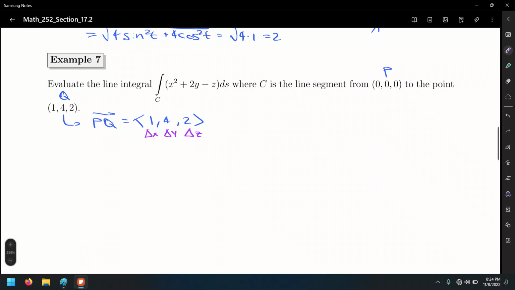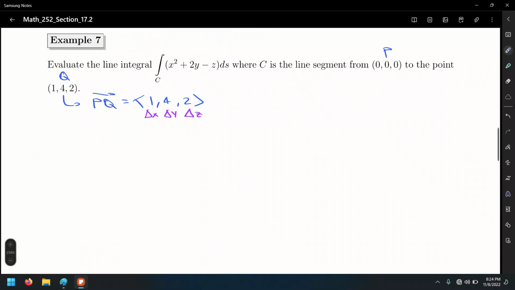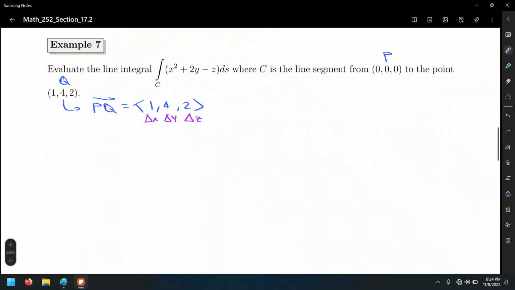So, to get the parametric equations for the line segment subtended by these 2 points, x of t equals the x component of the vector, which is 1, times t, plus the x in the initial point, which is 0. For the y component, that's the delta y, which is 4, times t, plus the y value in the initial point, which is 0. z of t will be 2 times t plus 0.